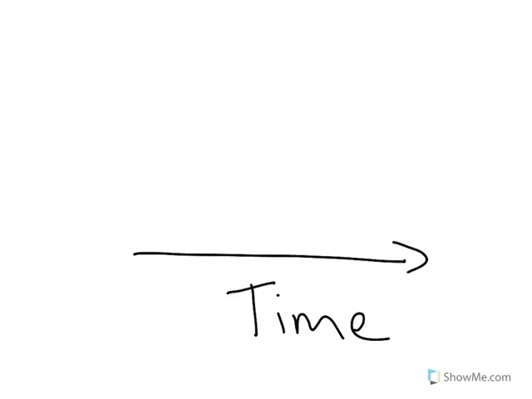Okay, question 2. The second question, we need to graph a length versus time graph. You should know that time is always, or almost always, along this axis. And that means that length must go along here.